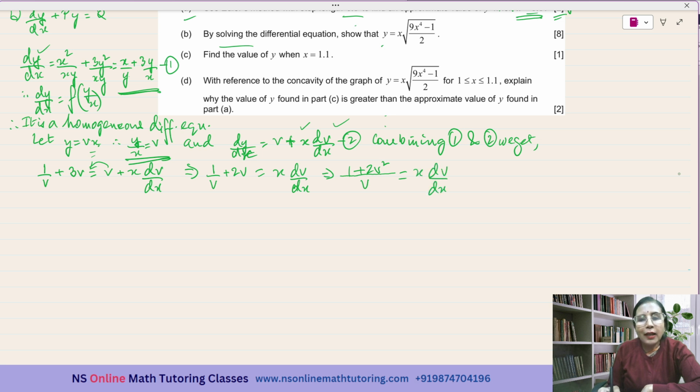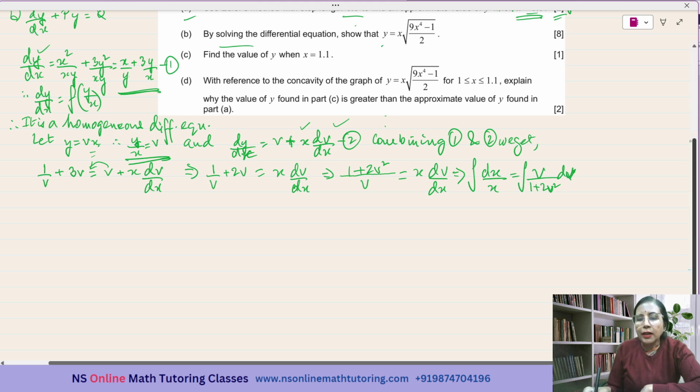And now I can separate the variables. I can write this as dx by x, and integrate both the sides. The integral of 1 over x with respect to x on the left hand side, and the right hand side is equal to v over 1 plus 2v square dv. Okay, now we have separated the variables, so now we can integrate.